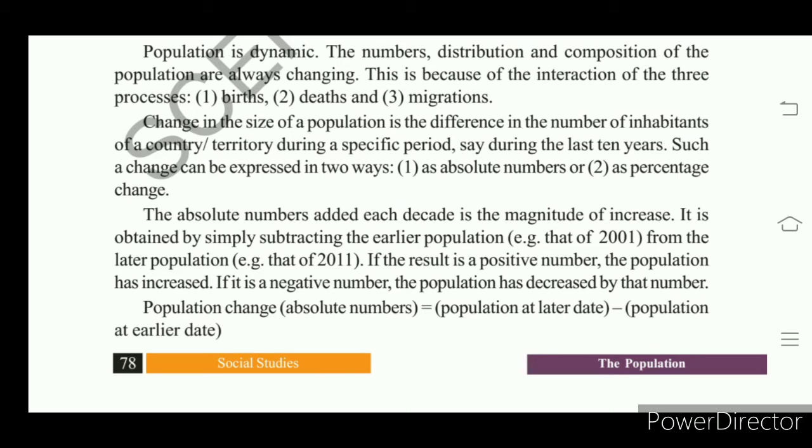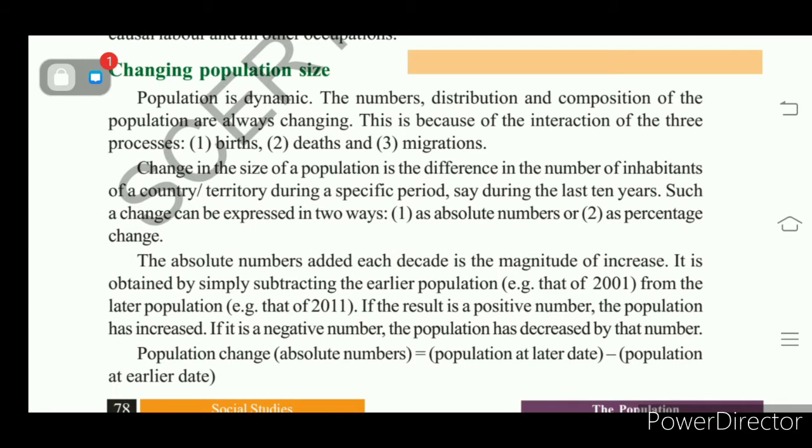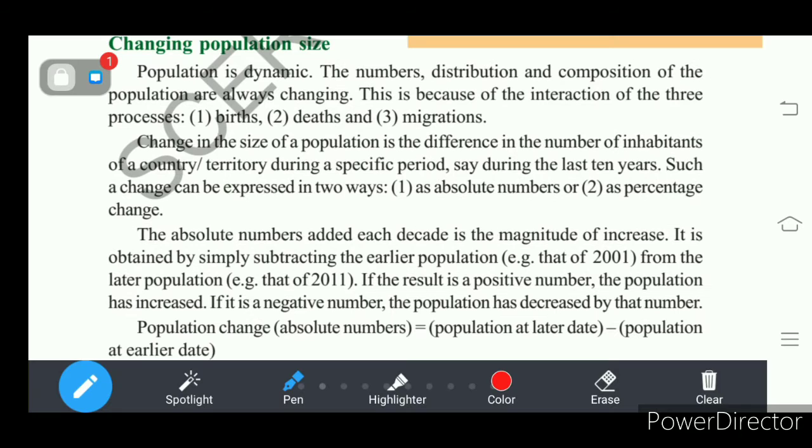So for 2001 to 2011, we get a positive number when we subtract 102 crores from 121 crores. Understand? So what will be the figure? That is 121 minus 102.